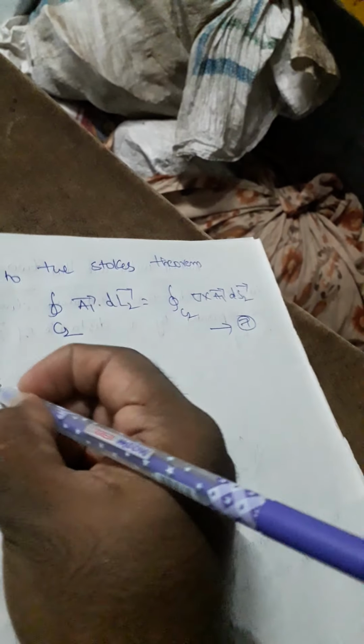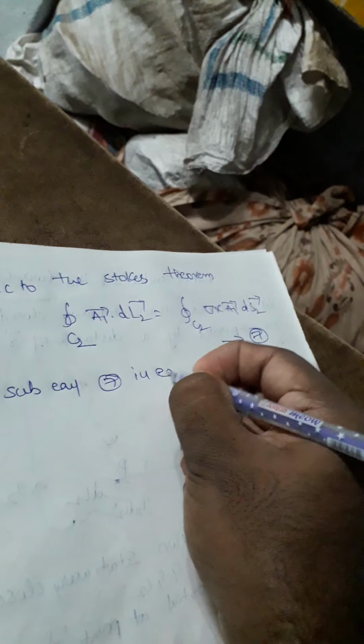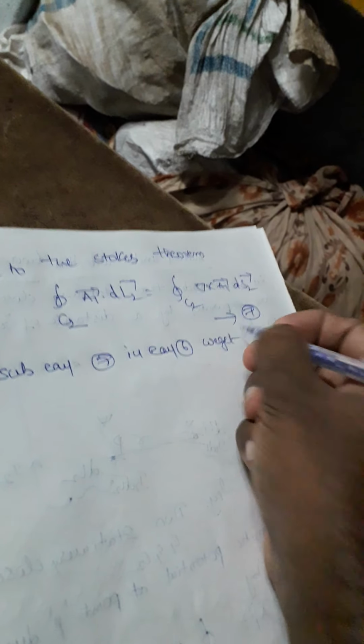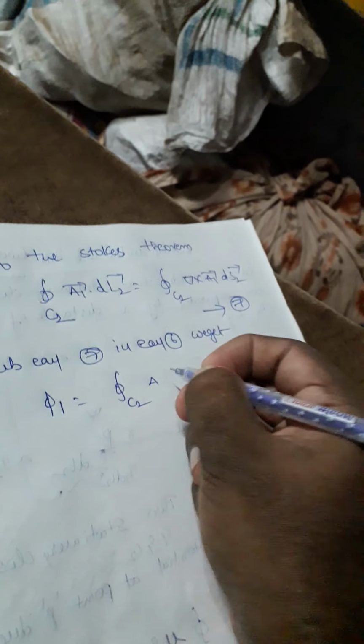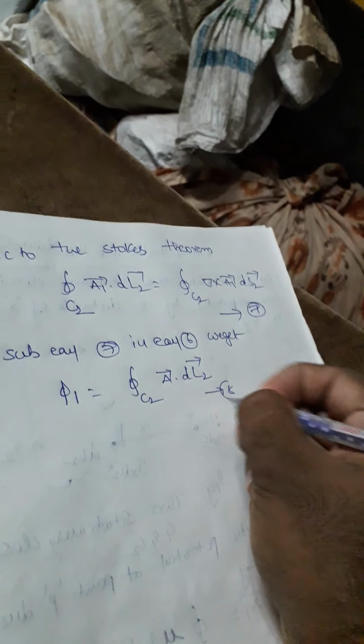Then substituting equation 7 in equation 6, we get phi1 is equal to the closed contour integral over C2 of A1 bar dl2 bar, which is equation number 8.